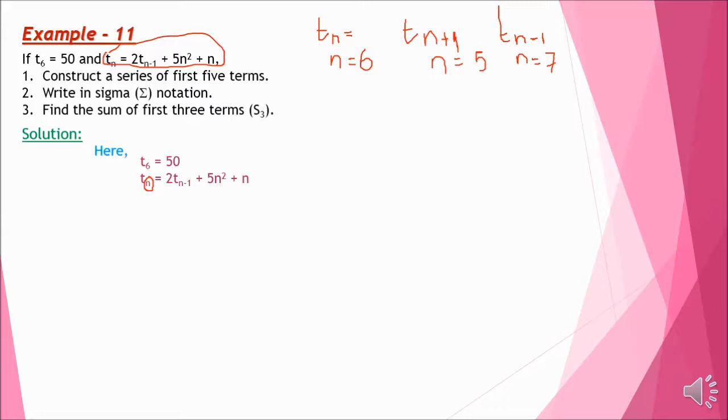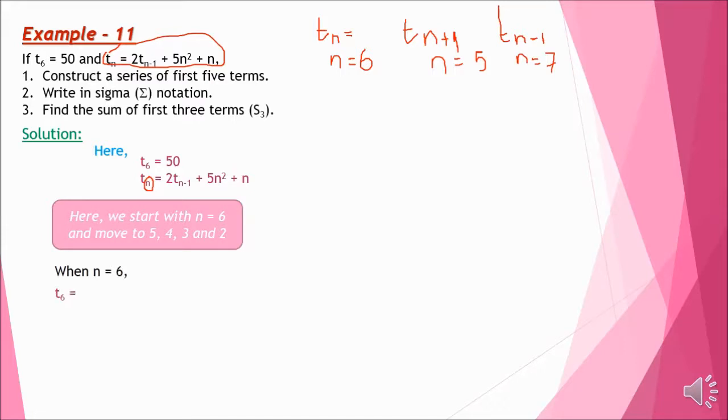Now T6 is equal to 2 T6 minus 1 plus 5, 6 square plus 6, which is equal to 50. We have the value of T6, that's 50. So we apply it. You can see T6 is given as 50, so we replace T6 with 50.